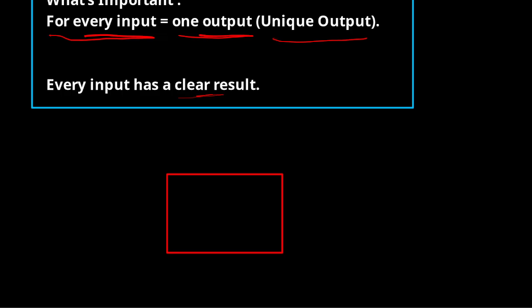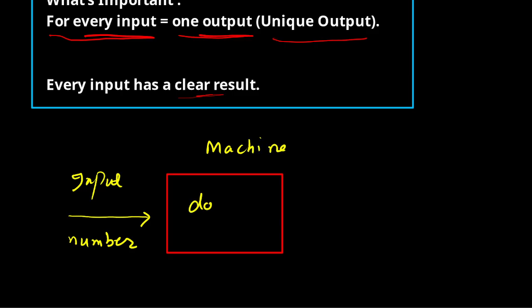Let's say it accepts input, and here we say that input is a number. So any number that you input here, and this machine doubles it, and then it gives you some output.